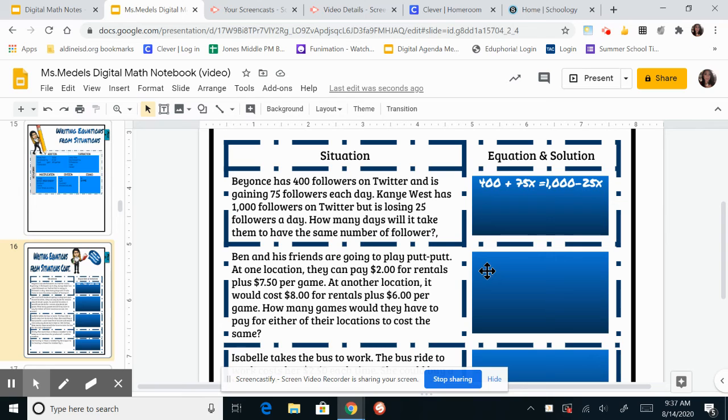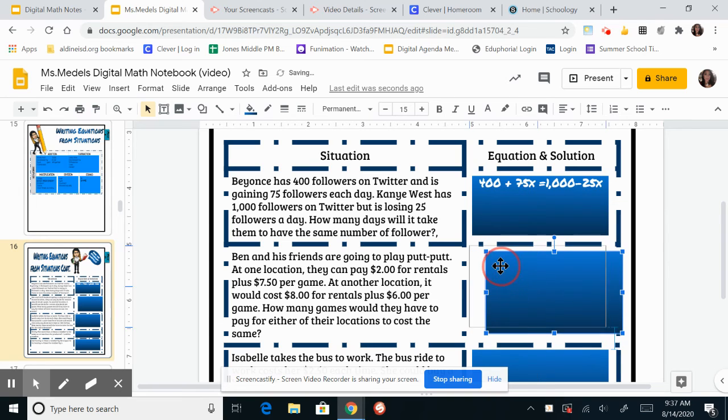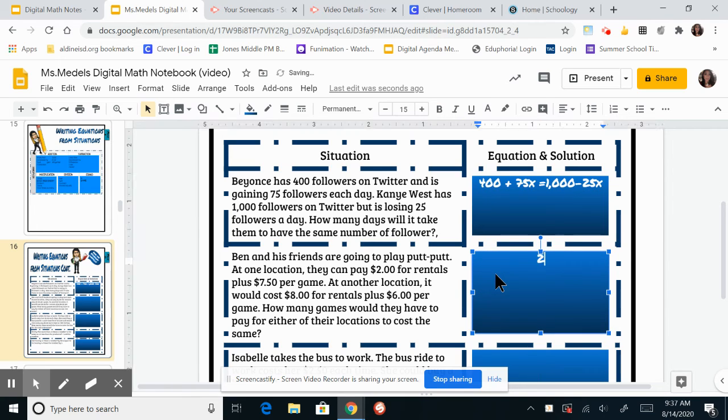So let's start with Ben. Let's start at one location. So at one location, they're going to pay 2. Actually, I'm just going to put 2 because that looks confusing. $2 for rentals plus $7.50 per game.